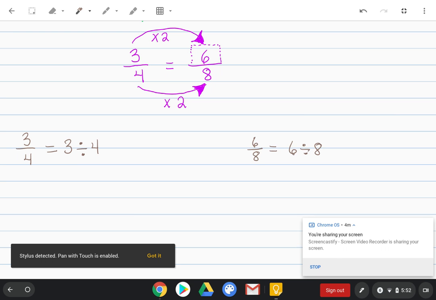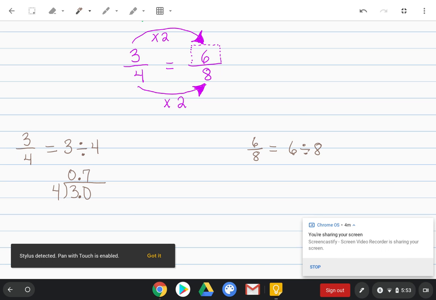I'm going to do, on my left-hand side, 3 divided by 4. I'm going to draw my little house, and the 3 is going to go on the inside of the house because it is the numerator, and the 4 is going to go on the outside because it is the denominator. 4 cannot go into 3. So I'm going to put a 0. I'm going to add a decimal, bring the decimal up, add another 0, and 4 can go into 30 7 times.